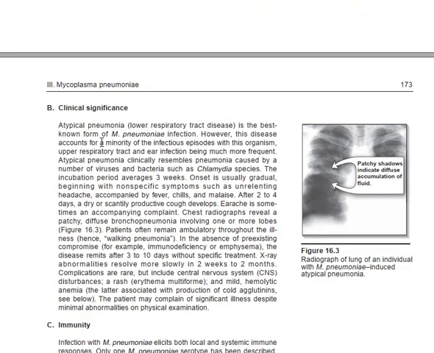So we start with the radiograph of a patient having Mycoplasma pneumonia. You see these patchy shadows indicate diffuse accumulation of fluid. You need to know that the typical appearance of a patient having atypical pneumonia is that you don't have a lobar pneumonia. There's no consolidation syndrome on radiography in atypical pneumonia. Is it clear?